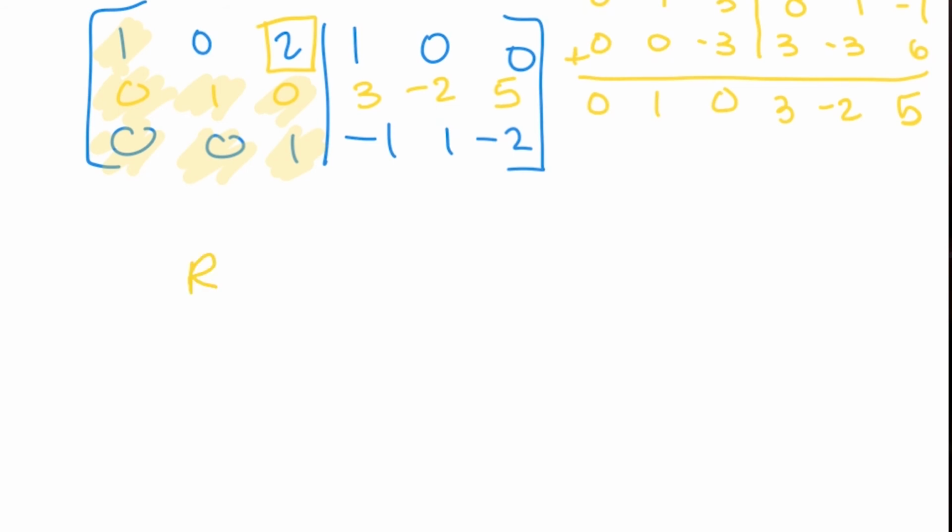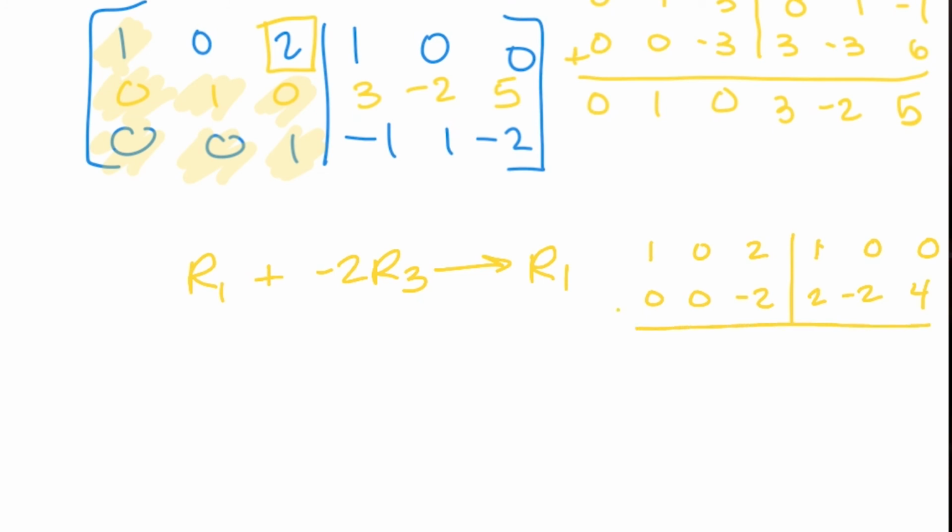If we leave row 1 alone, but we multiply the third row by a negative 2, then we can change that first row. So those elements will be 1, 0, 2, 1, 0, 0, and then I'm multiplying the third row by a negative 2. That's 0, 0, negative 2, 2, negative 2, 4. So that gives me 1, 0, 0, 3, negative 2, 4.